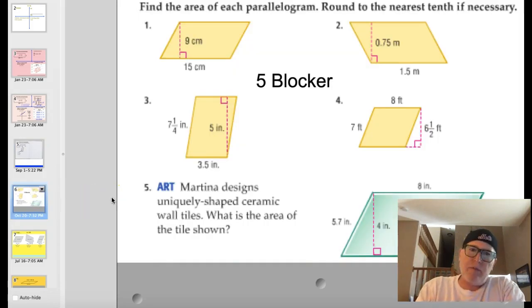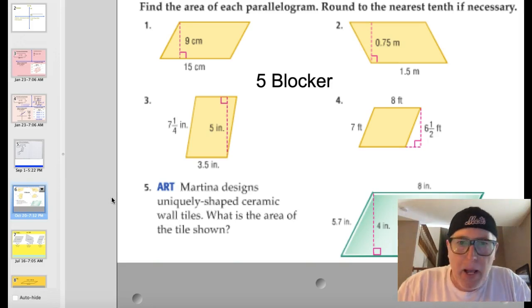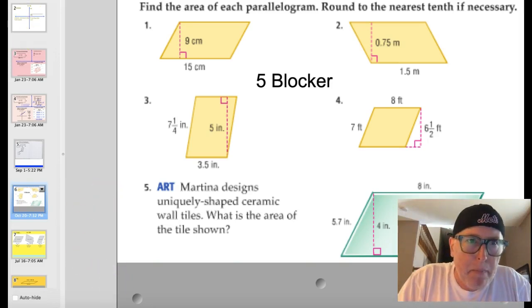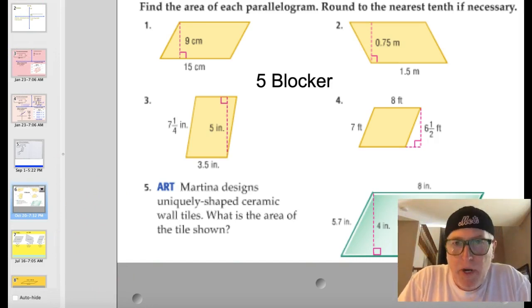All right. First one. Find the area of that parallelogram. All right. That one should have come out to be 135 centimeters squared. Base of 15, height of 9. Next one. Go ahead and give that a shot.